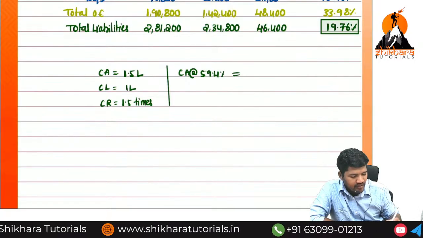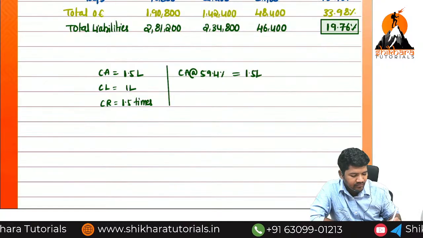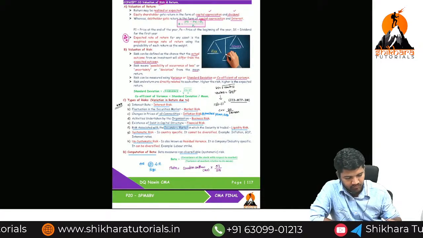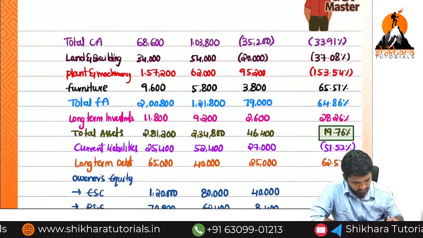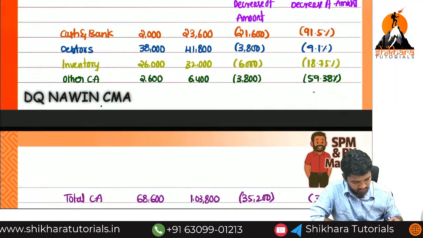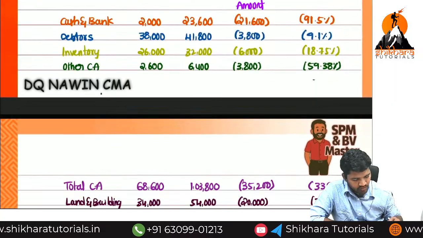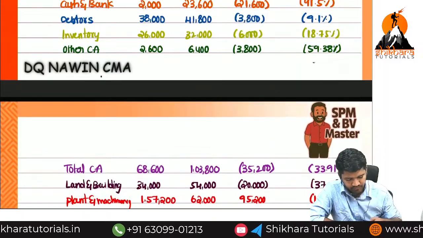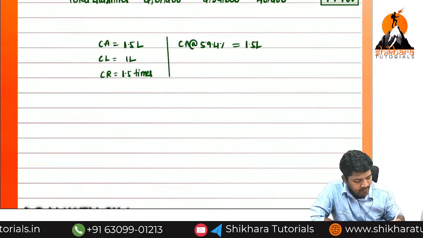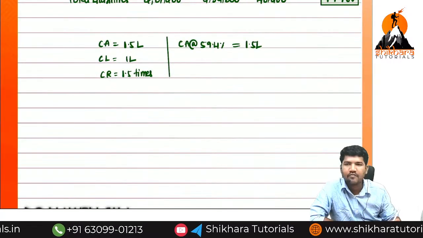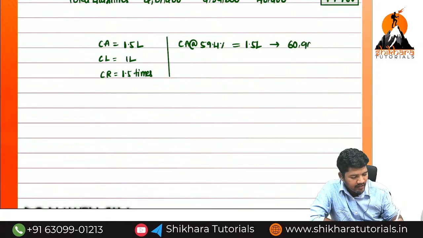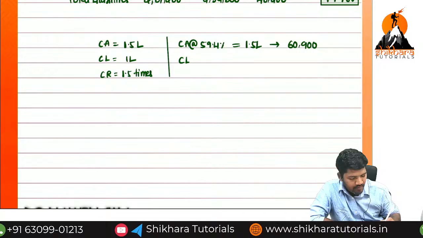Now please reduce that from 1.5 lakhs. How much, sir? Now what is the new current asset value if it decreases by 59.4%? 60,900.